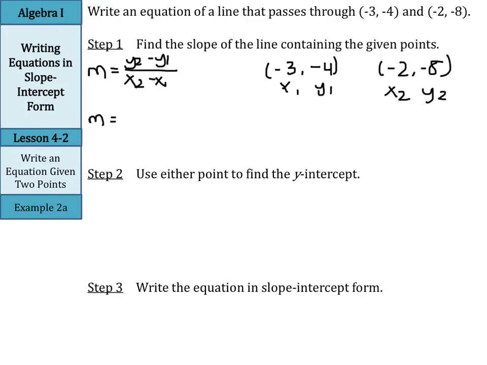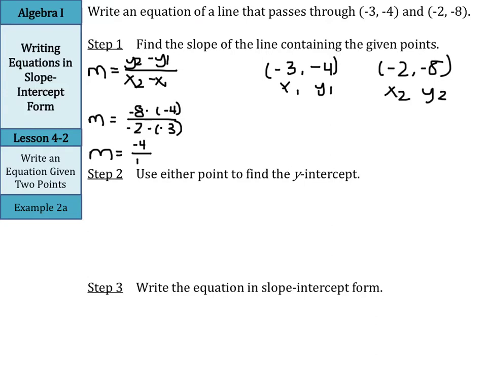So our y2 is -8 minus our y1 of -4 over our x2 of -2 minus our x1 of -3. -8 minus -4 is -4 over -2 minus -3 is 1.